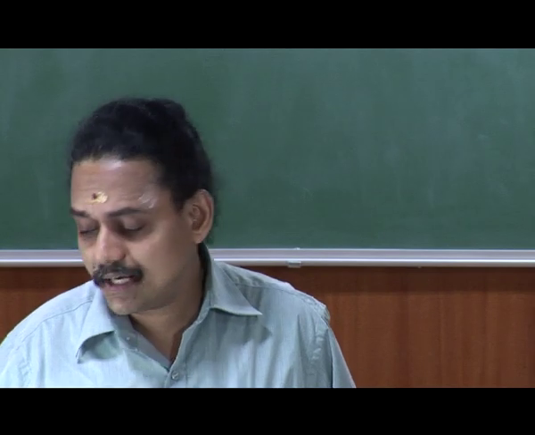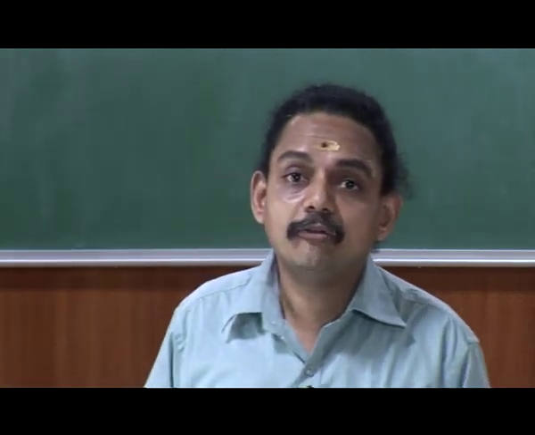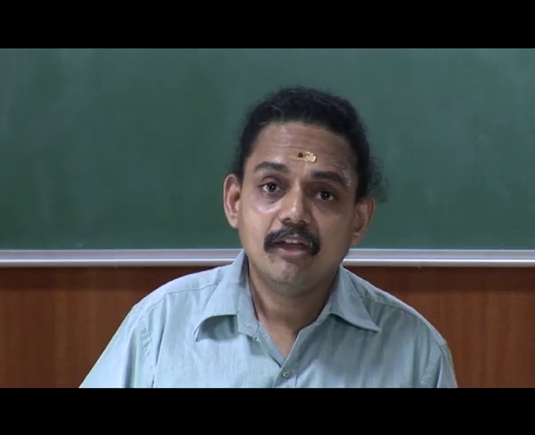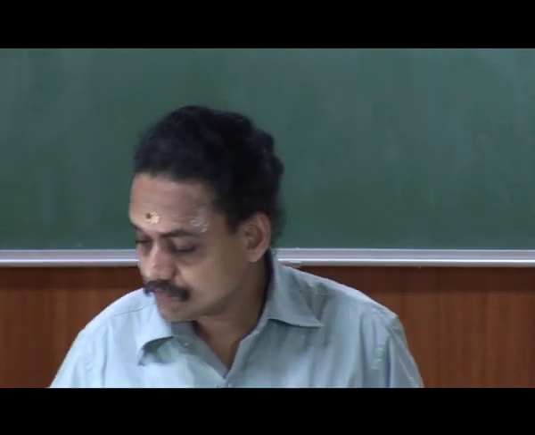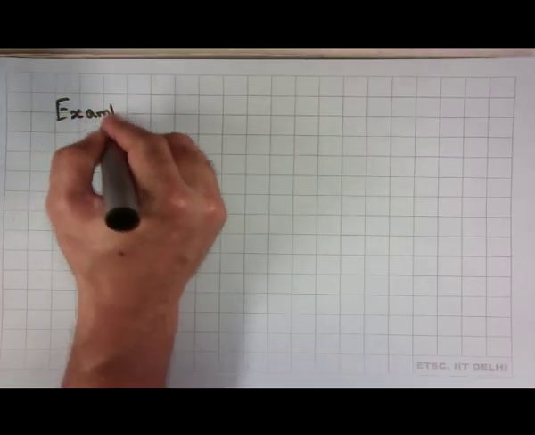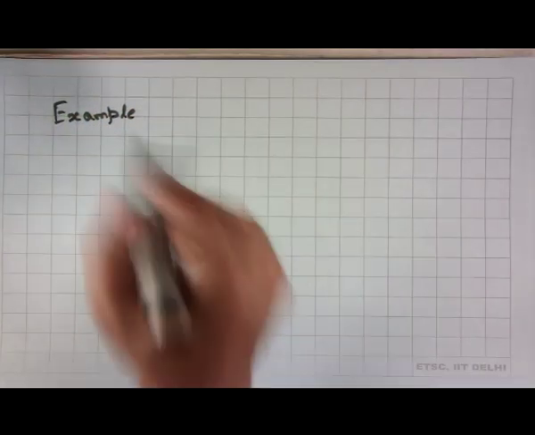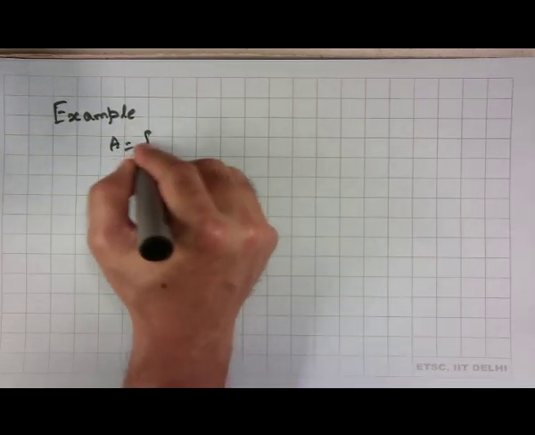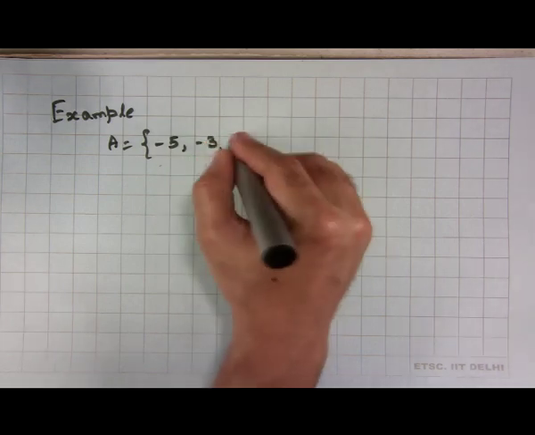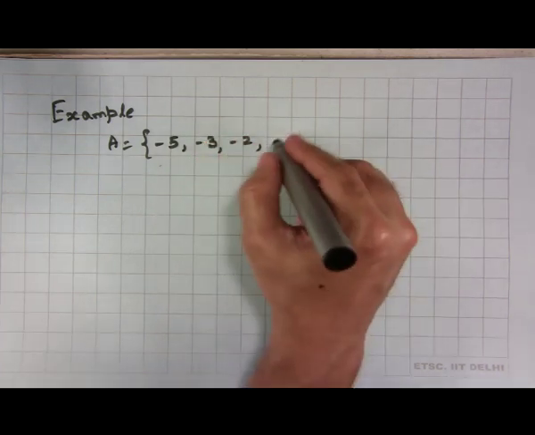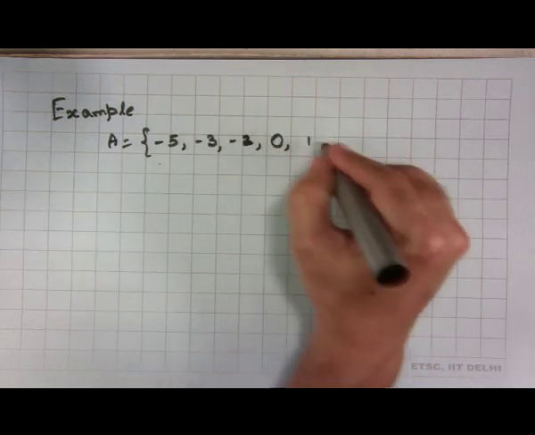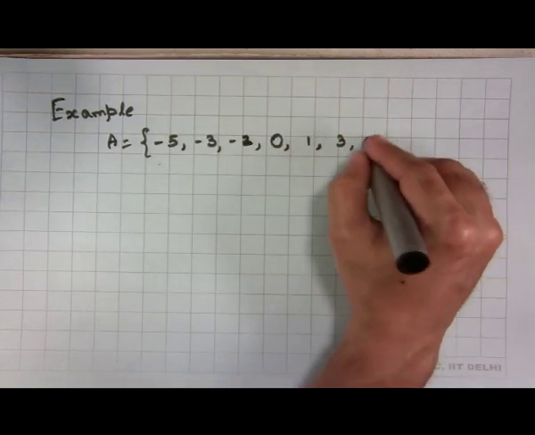Fine. Now, let us look at some of the examples of relations that we had, and let us try to classify them whether they are functions or not. Let us look at the following example. Let A equal to -5, -3, -2, -1, 0, 1, 3 and 5.